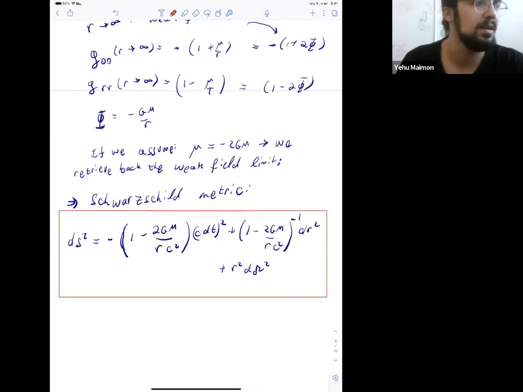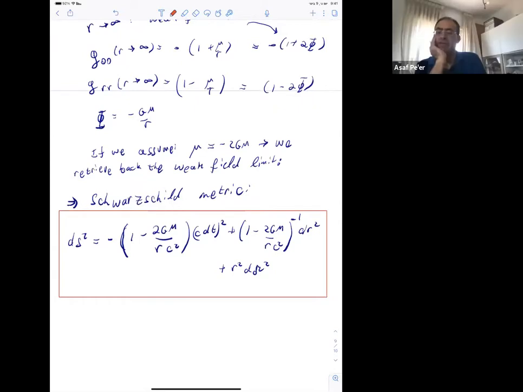Asaf? Yes. What I didn't get is how are we in a vacuum if we're in the vicinity of a star? Isn't there a gravitational field? There is. We are subject to the gravitational field of the star, but we're not inside the star. Where we are, T mu nu is 0.